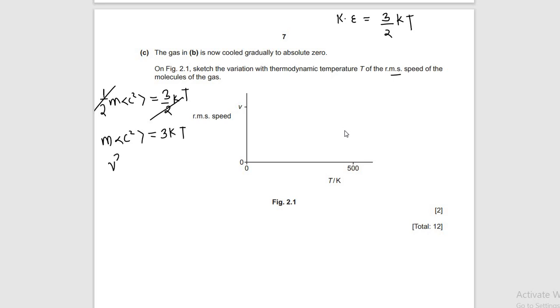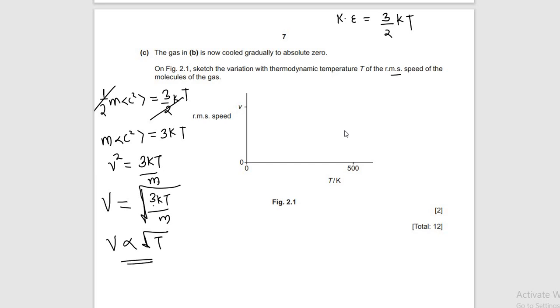I want to make c squared the subject of the formula. That's 3 kT over mass. So c is the square root of 3 kT over mass. What I'm trying to show is that the relationship between the mean square speed and temperature is that they are directly proportional to each other.